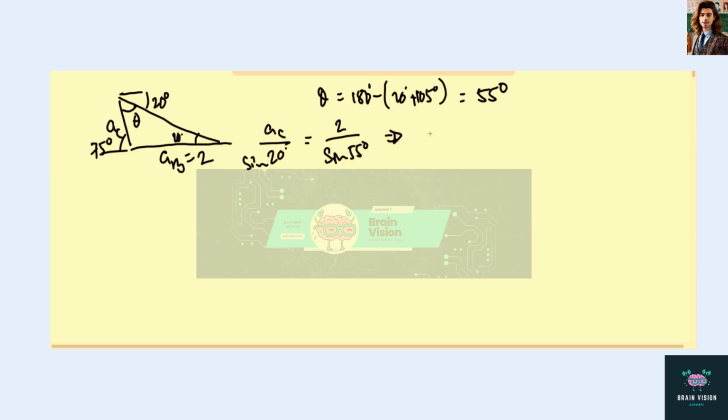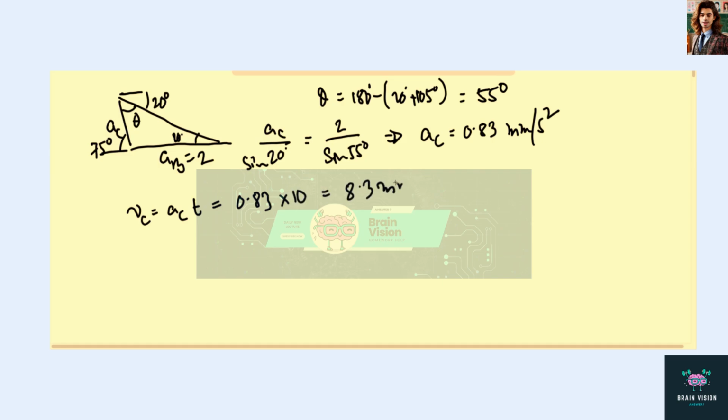From here we can find that AC is 0.83 millimeter per second squared. Now, when the motion is uniform in the x direction, we will have VC equals AC times T equals 0.83 times 10 equals 8.3 millimeter per second.